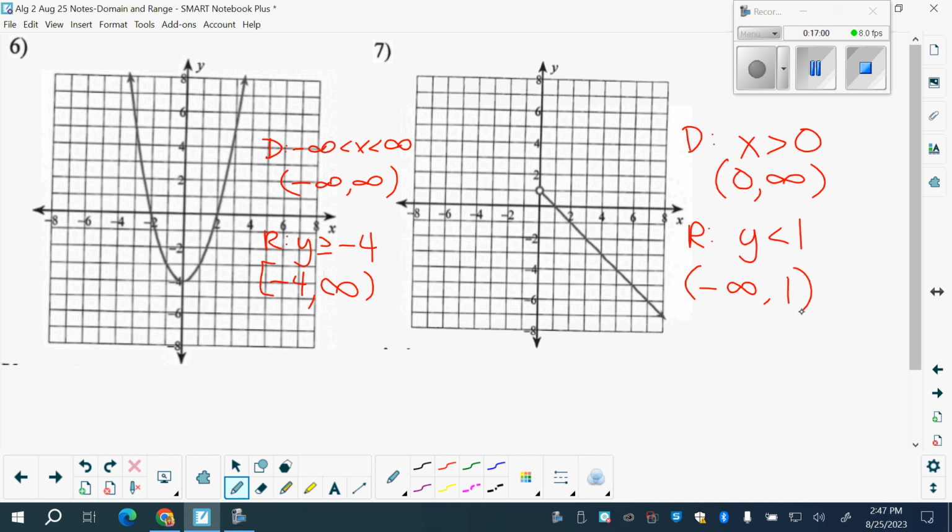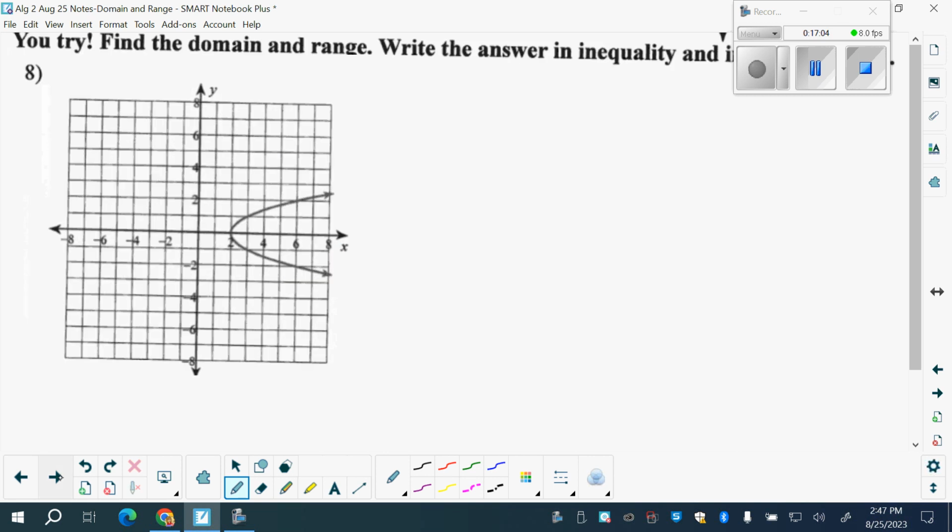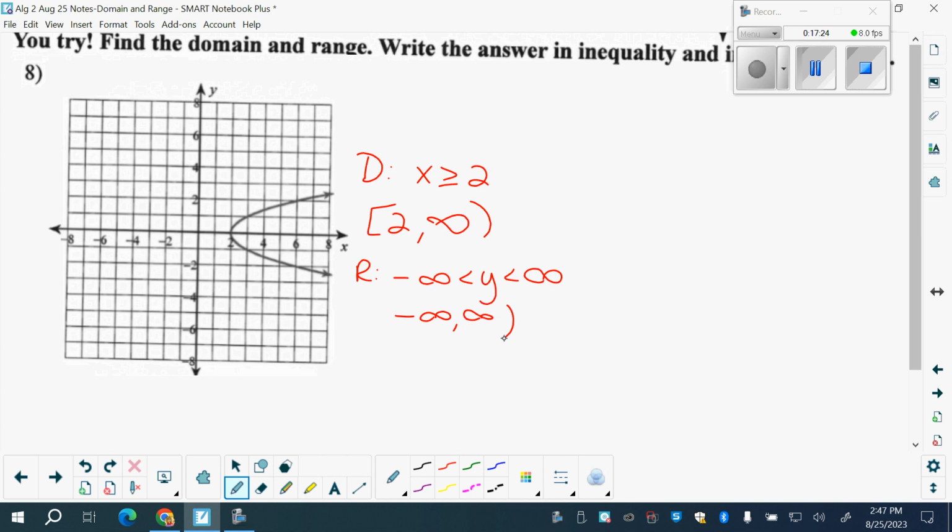That's what I meant. Wait, why does that keep happening?